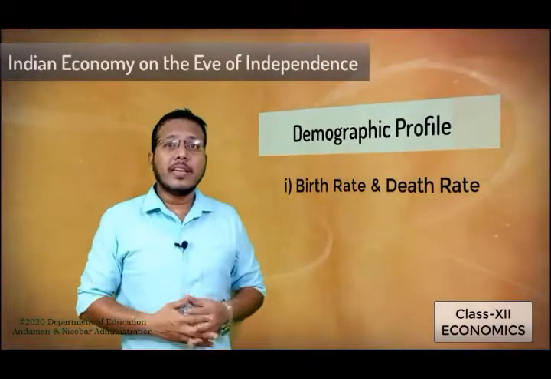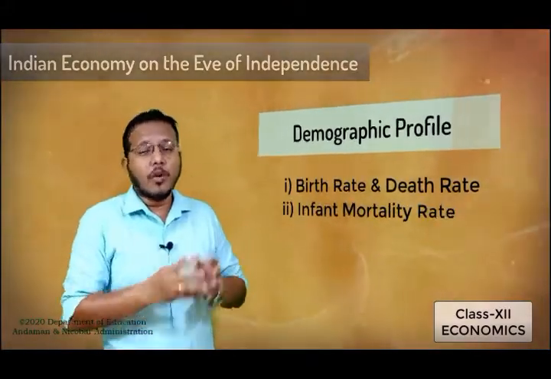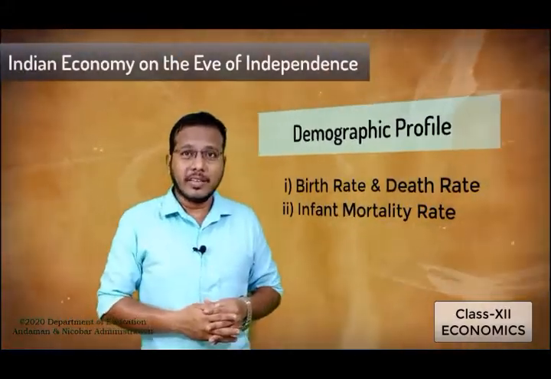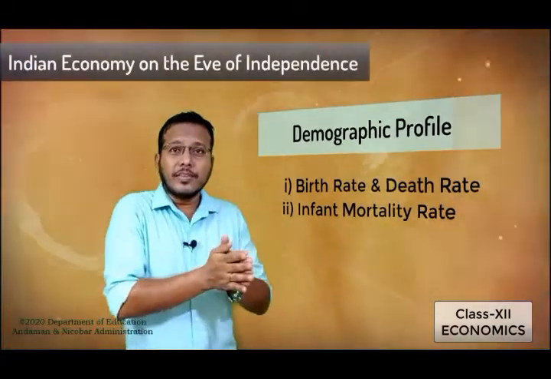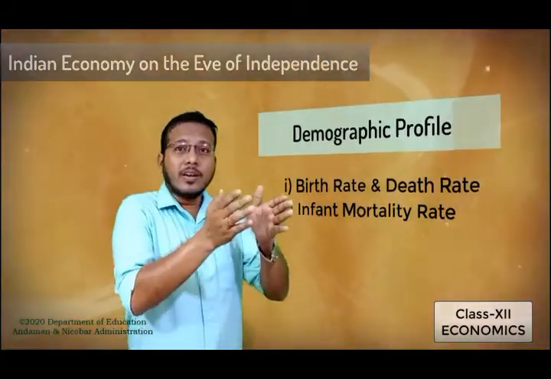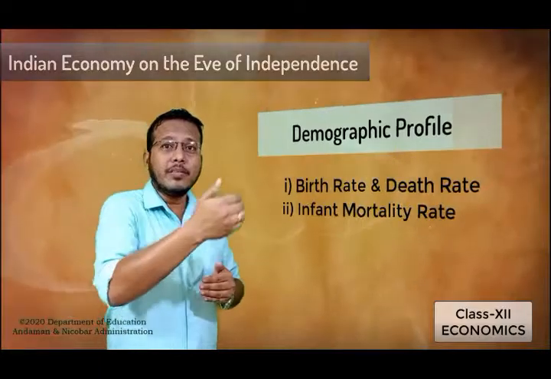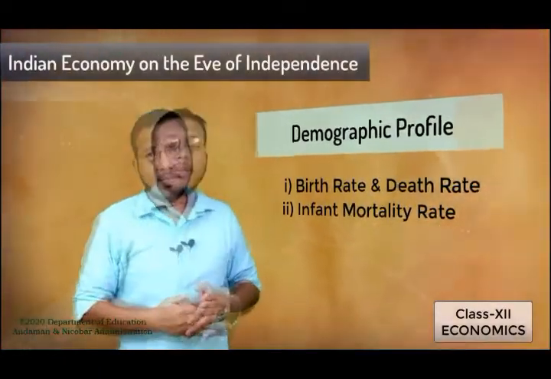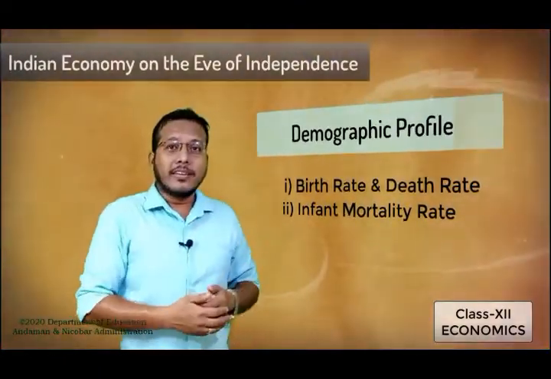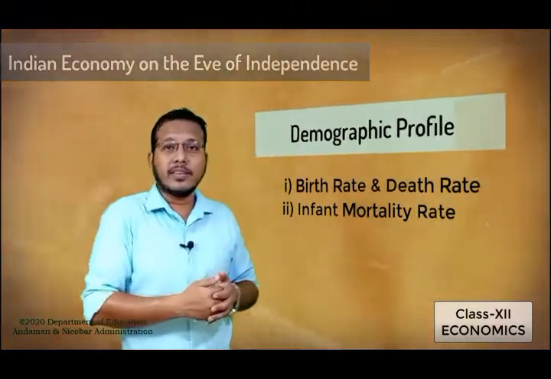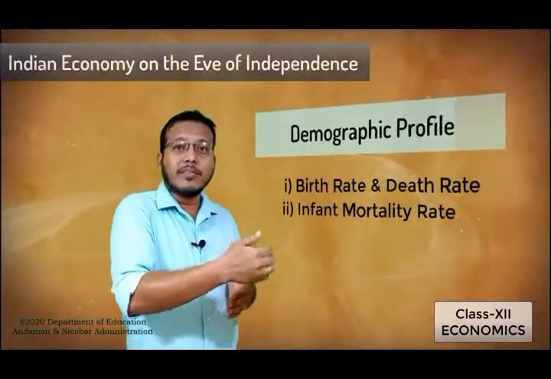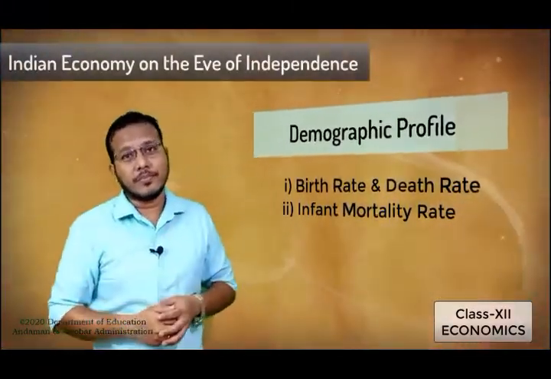Secondly, we see the infant mortality rate. What do we mean by infant mortality rate? That rate refers to the death of infant babies, that means babies below 1 year. The infant mortality rate tells the number of infant babies' deaths per thousand.